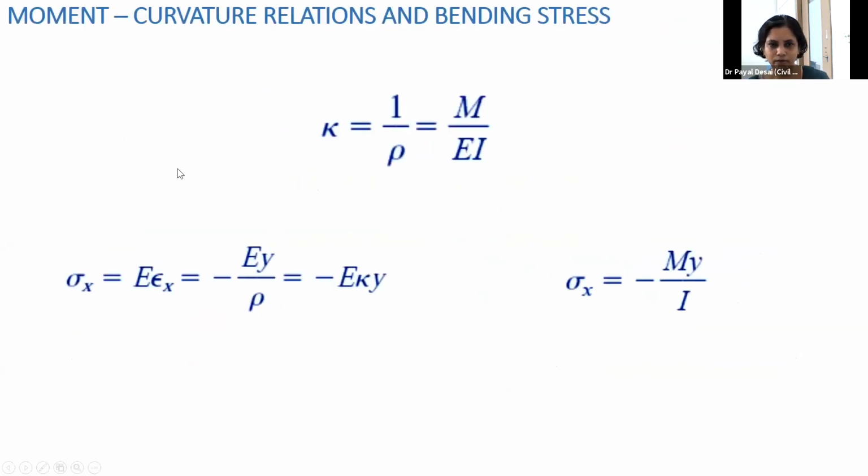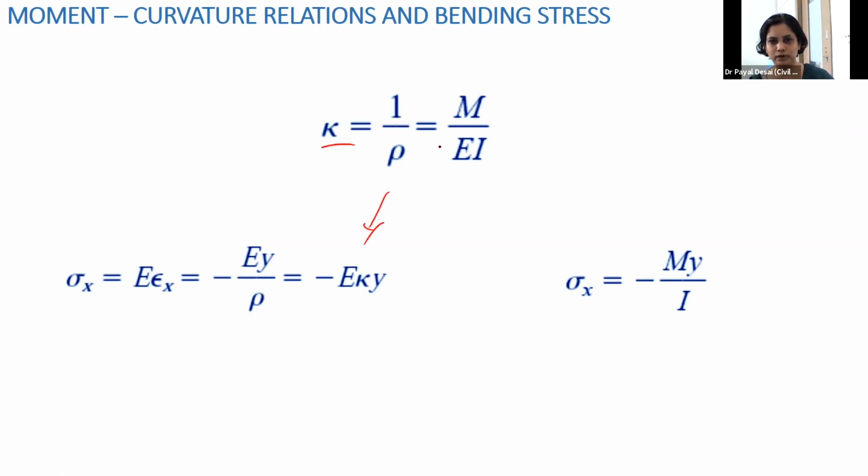Like here you may see, if I know the curvature and moment relation, and then I take Hooke's law, I try to replace that curvature in that, and I also replace the moment curvature relation in that. So in the process there are three steps.